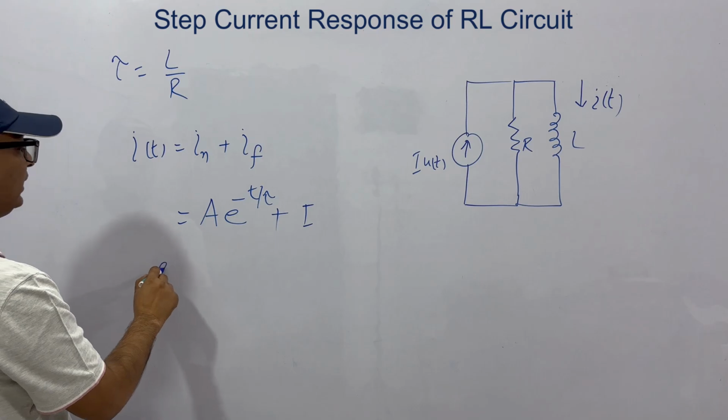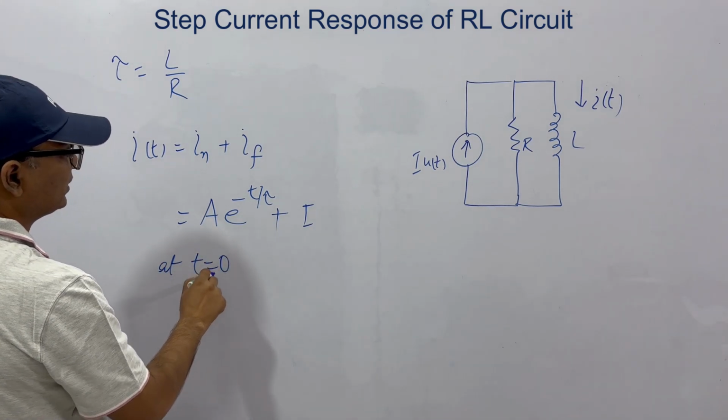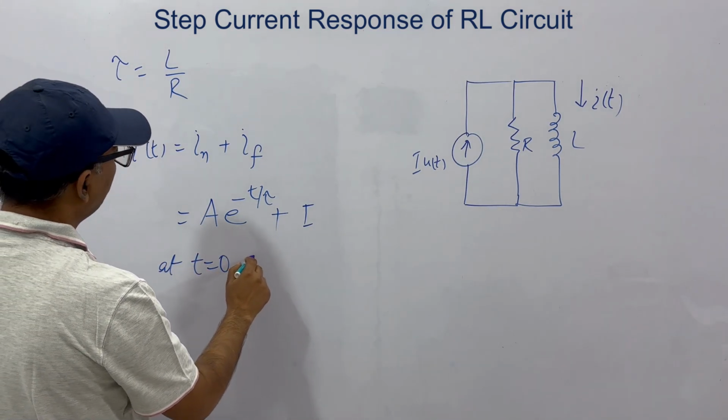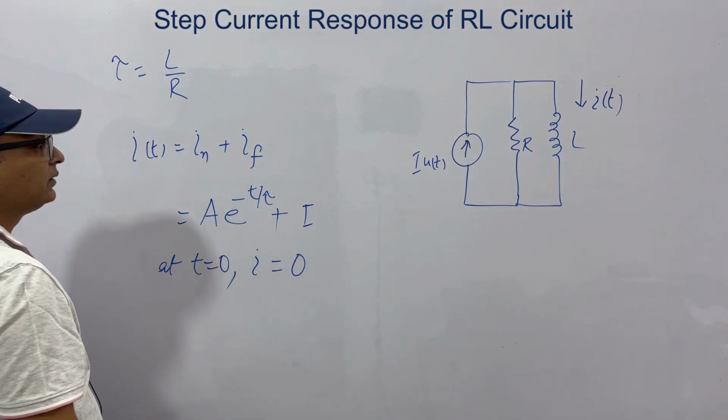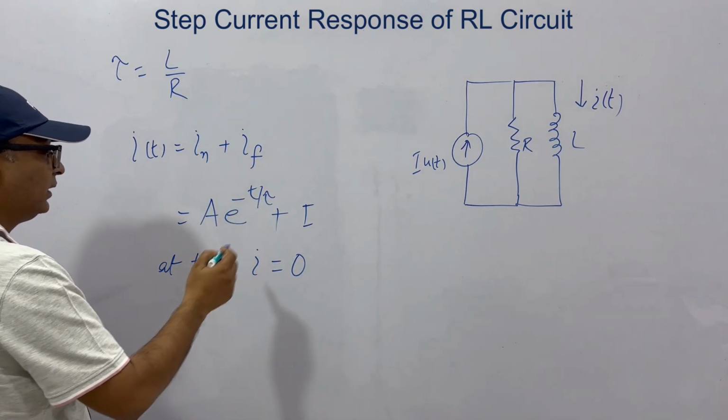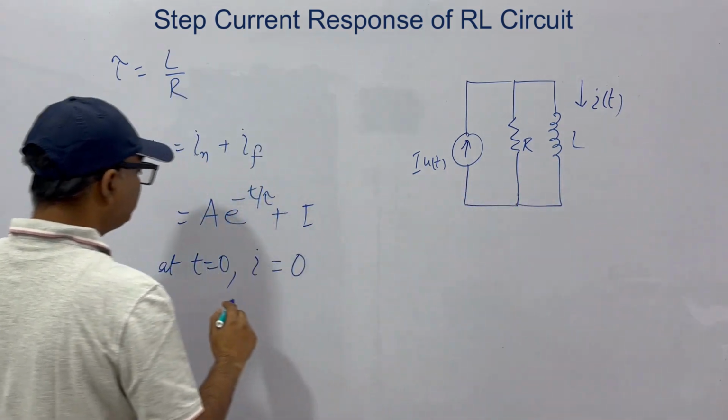We have this equation. Now let's say at t equal to 0 the initial condition for the inductor current is 0.